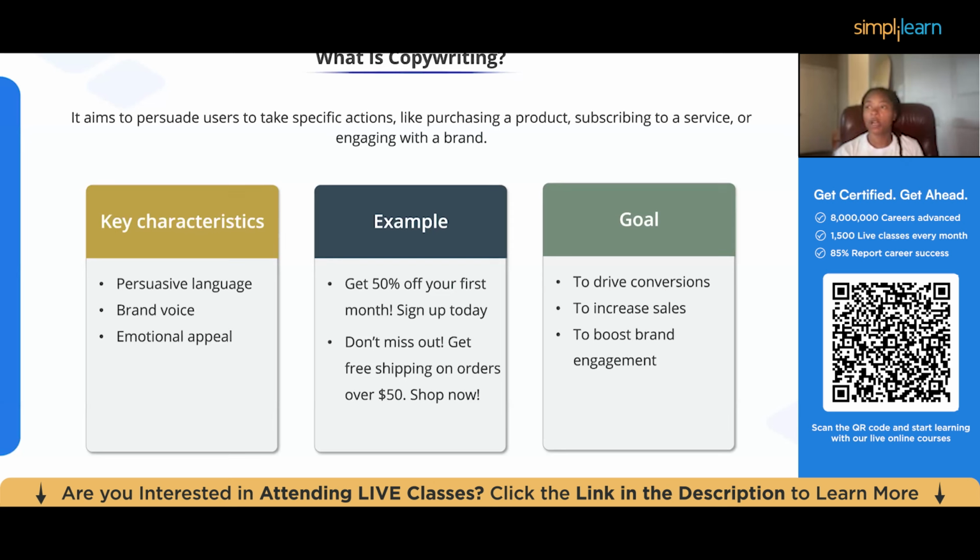And examples are get 50% off your first month by signing up today. Don't miss out. Get free shipping on orders over $50. Shop now. So it's direct CTAs, calls to action, with incentive as well. So the goal is to drive conversions and to increase sales and to boost brand engagement.